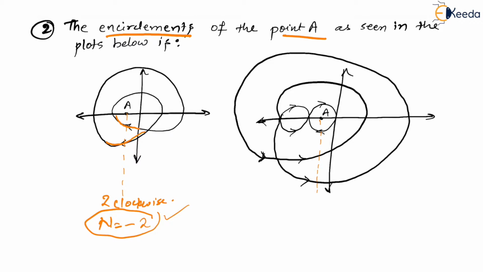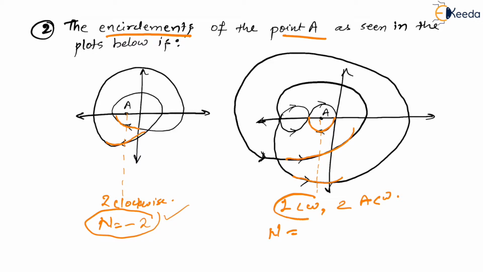Second question, if you see what you have there, you have this A, right? So if you see here, you have one in clockwise direction, you have one in anti-clockwise direction, and you have another one in anti-clockwise direction, which means you have one clockwise and you have two anti-clockwise. In totality, how much is n?